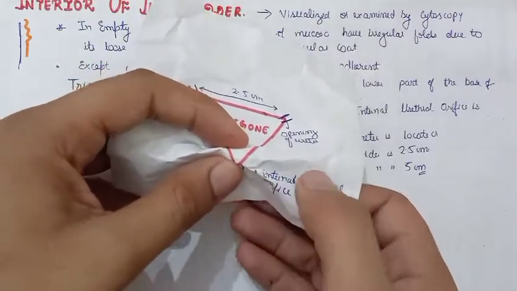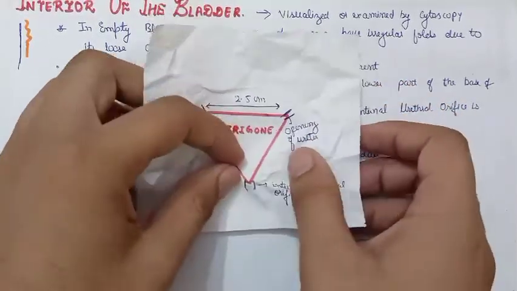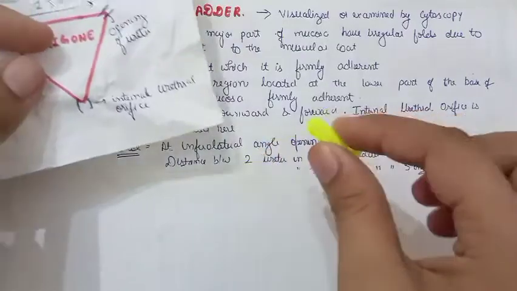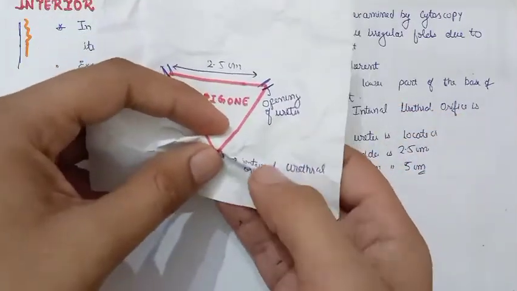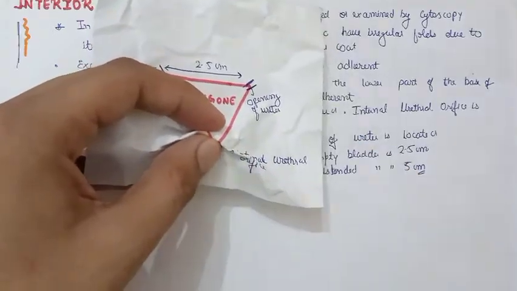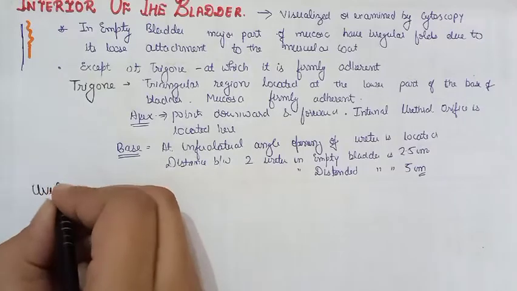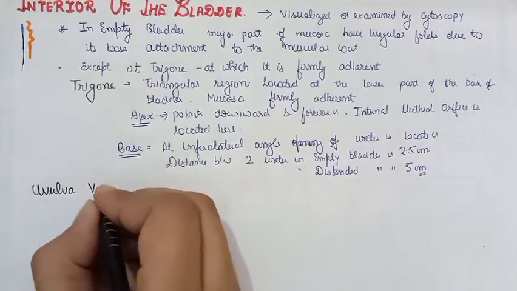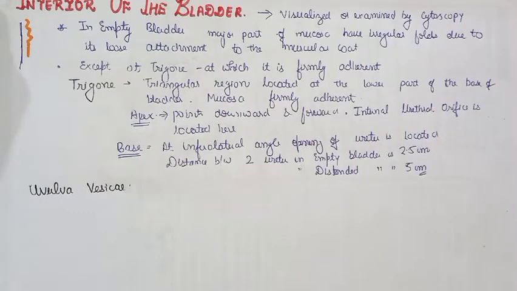This is called the vulva vesica. So vulva vesica is nothing but the elevation produced by the median lobe of the prostate at the lower part of the trigone behind the internal urethral orifice. I hope the concept of the vulva vesica is very clear to you.